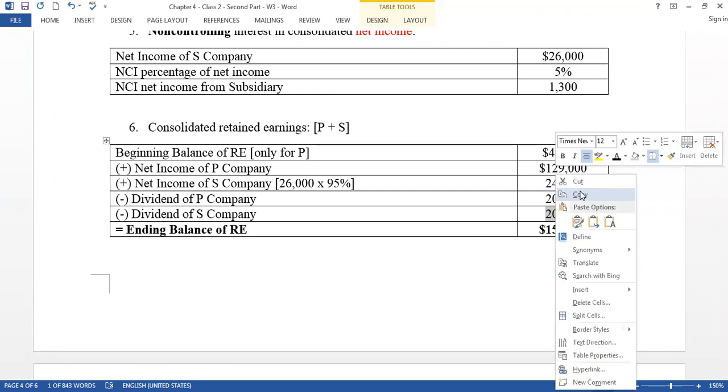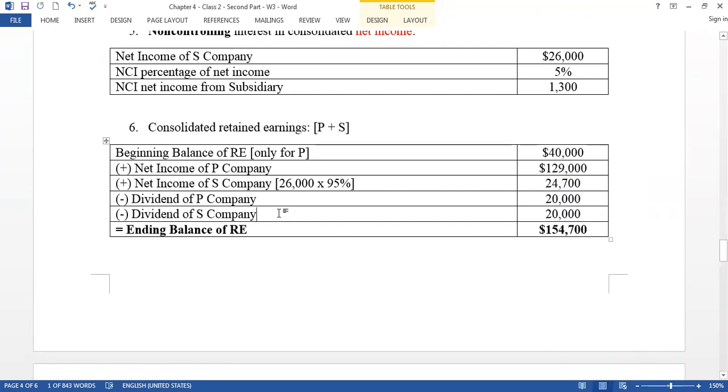Because it is not 100% we receive. Although the subsidiary company declared a $20,000 dividend, we only received 95%, and it is $19,000.